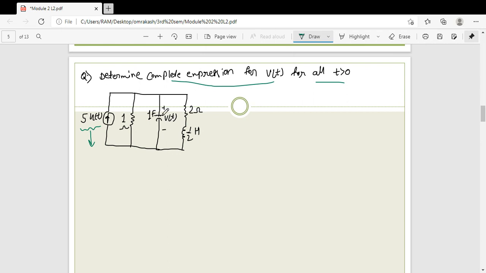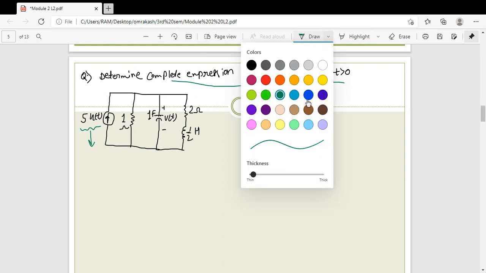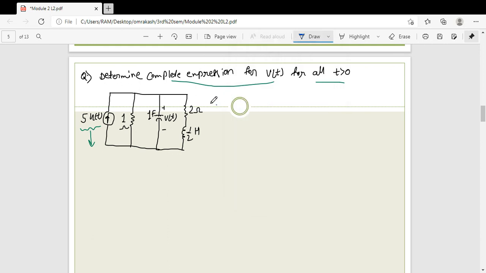Now see, this is a non-canonical form circuit, because you can see here you are not combining two energy sources into a single source. So this is the non-canonical form circuit, and no switch is given, the source is given directly. So you can assume this is an initially relaxed circuit.